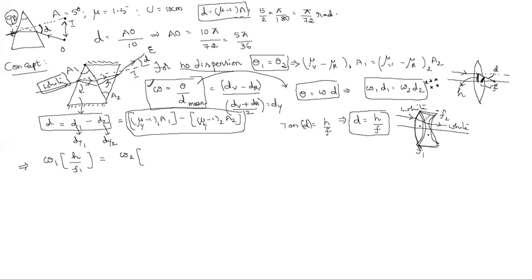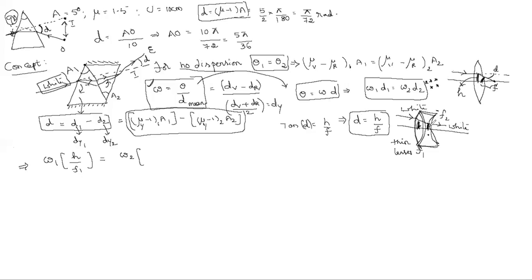These are thin lenses, not thick lenses. That's why the distance traveled inside the lens is negligible, like small angled prisms. Here the heights I am taking almost equal.